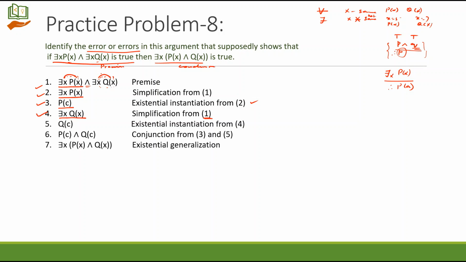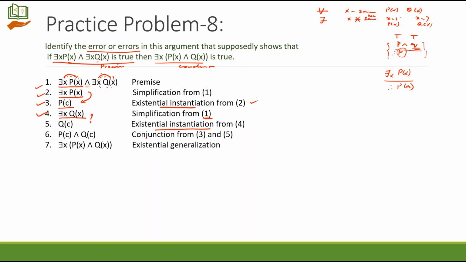So we have picked up P of C from the existential instantiation rule from step 2. Now what they have done is they have picked up Q of C using existential instantiation from step 4. We know this particular part will give rise to P of C. Is there any guarantee that you will use the same C element to prove Q of x is true?